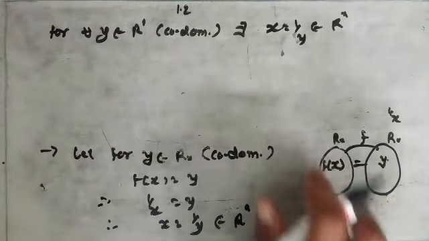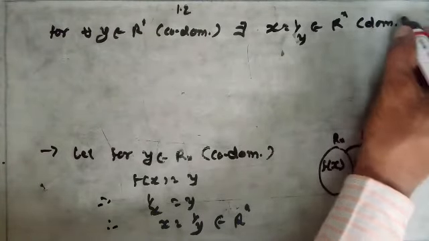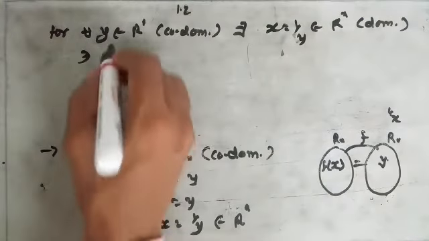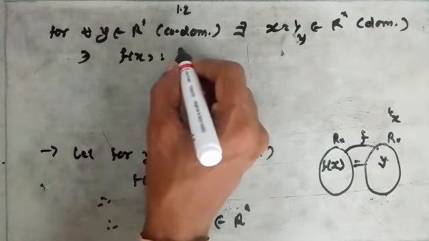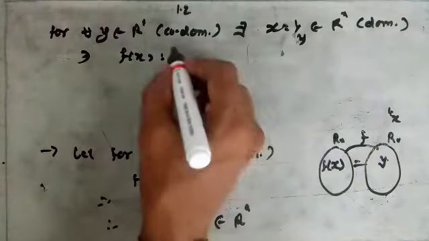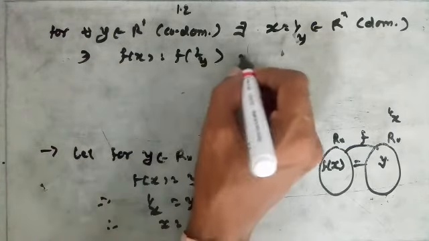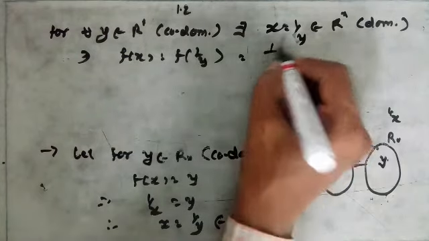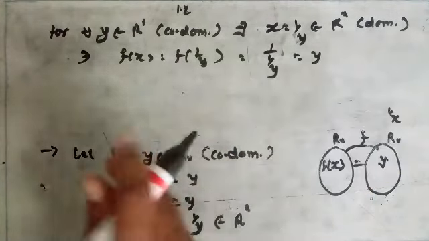This R star is the domain, such that f(x) is equal to, here the value of x is 1 upon y, so f of 1 upon y, the image of 1 upon y under f, is y.